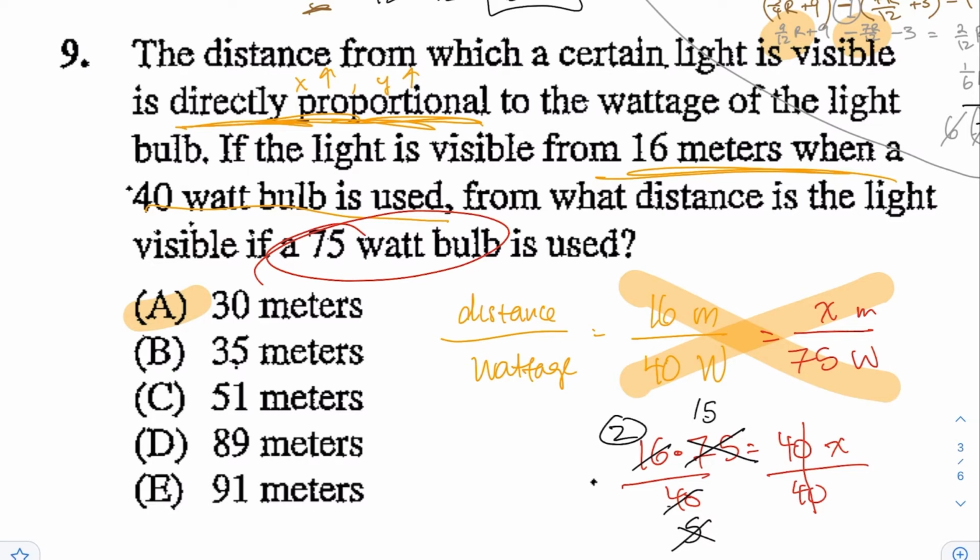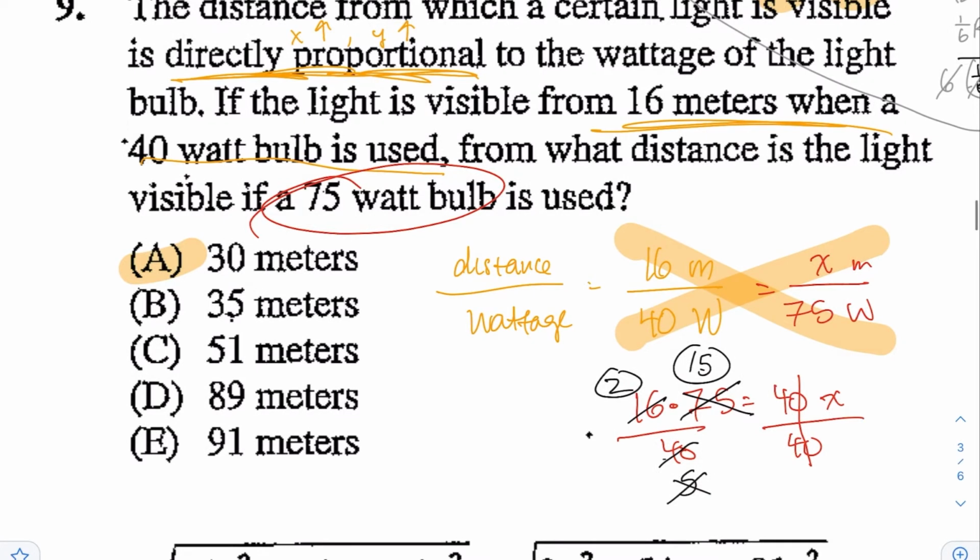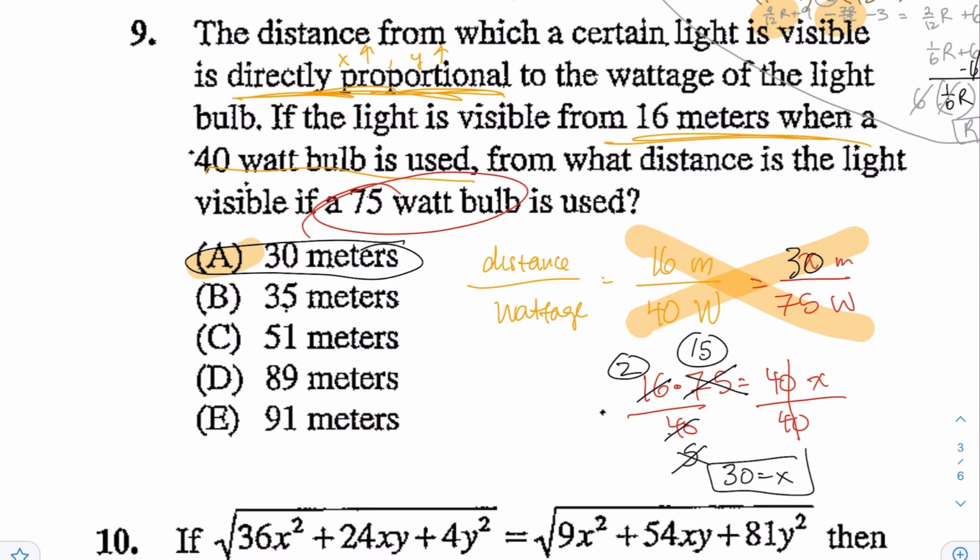So x is equal to 3 times 15, or 45. So you solve this by using proportions. You can also solve this using unit rates as well.